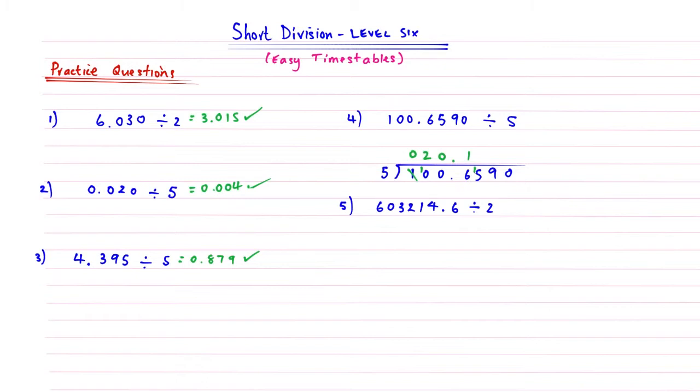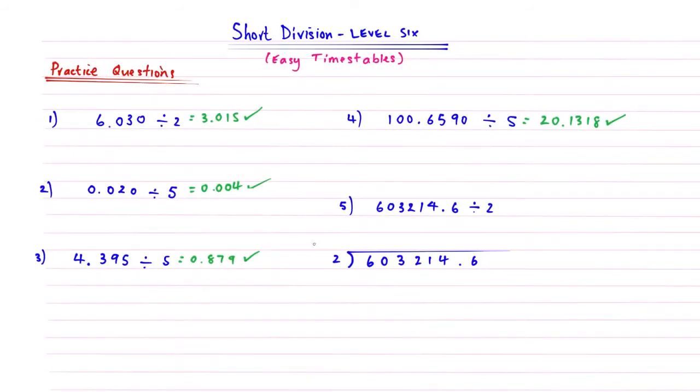And then 5's into 15 go 3 times exactly, so that's that one completely finished. 5's into 9 go once, with a remainder of 4, and then 5's into 40 go 8 times exactly. So that makes my answer to question 4, 20.1318. And then that's that one done. And you can see now, short division is incredibly powerful. I know I keep saying it, but I love it.